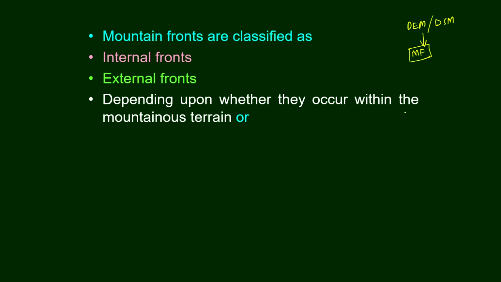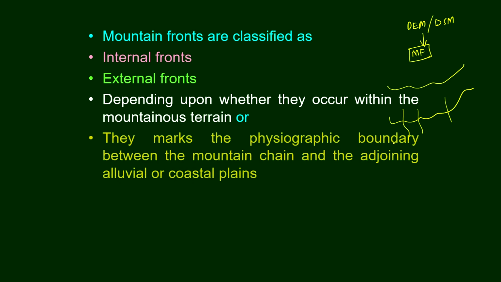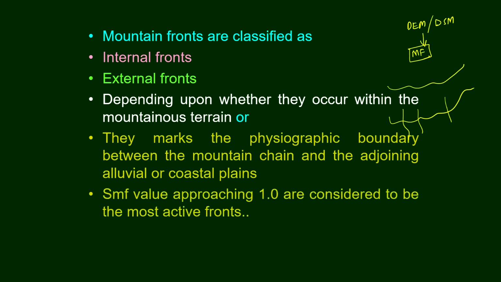So, for example, this is your frontal area, and internal fronts could be somewhere in the hinterland side. Usually this marks the boundary between the mountainous chain and the adjoining alluvial or coastal plains, as we have seen in the example of the sub-Himalayas and the Indo-Gangetic plain.